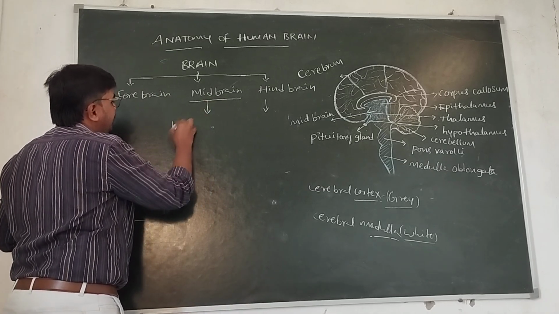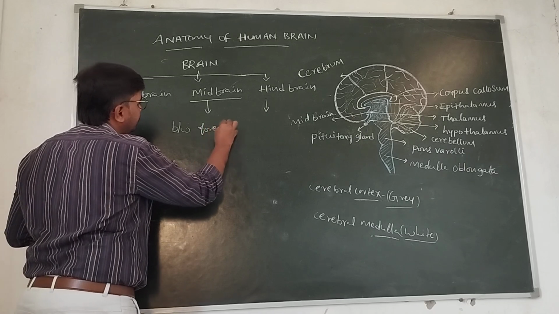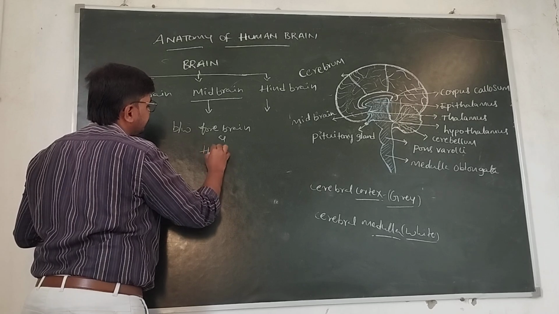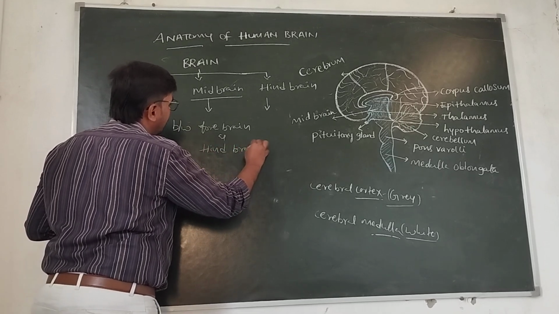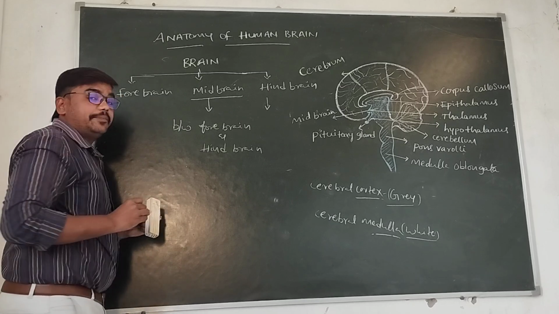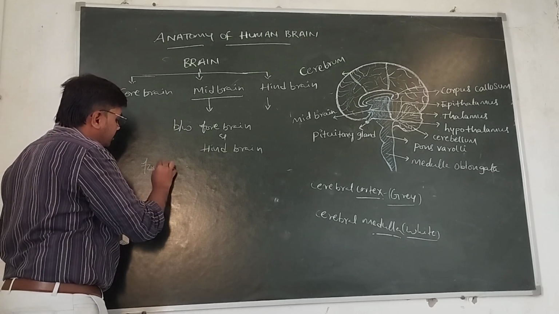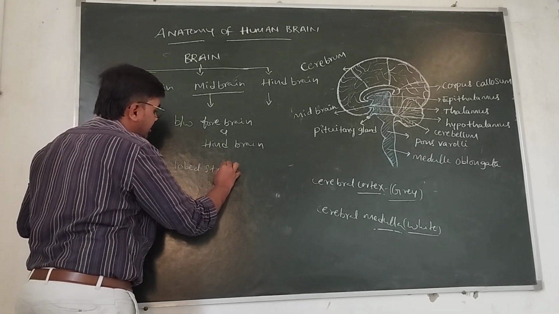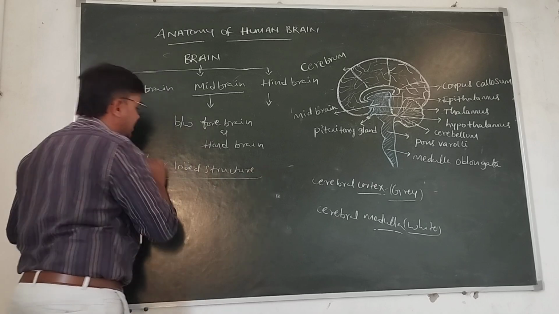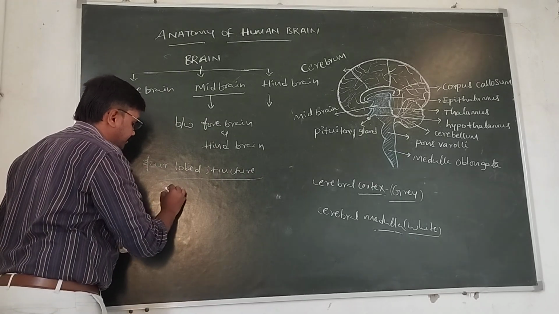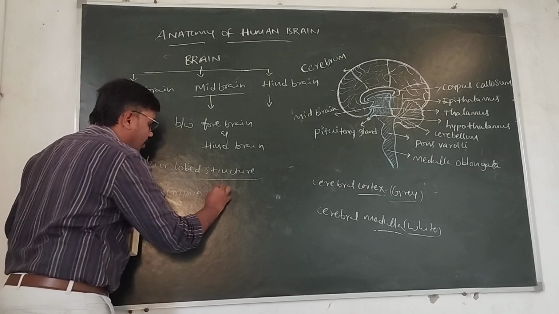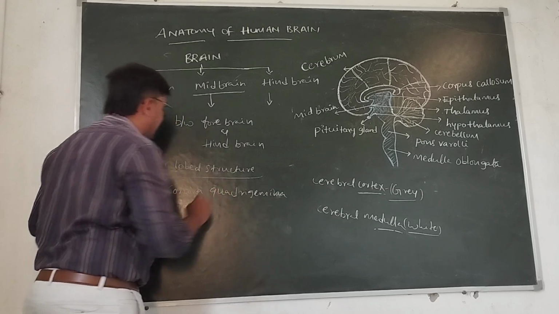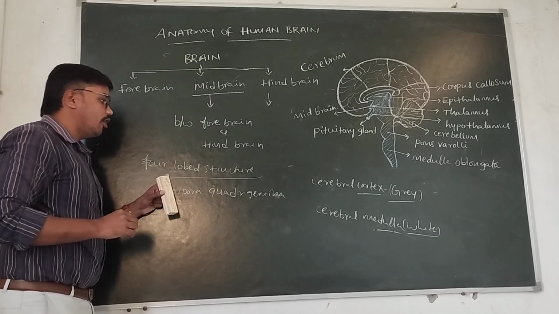The midbrain contains 4 optic globular structures.